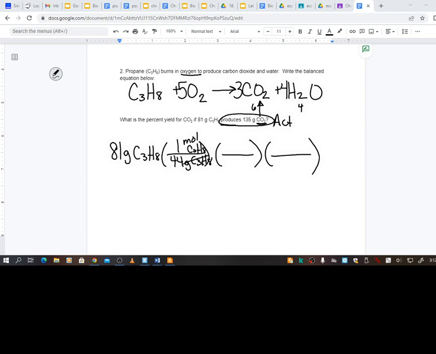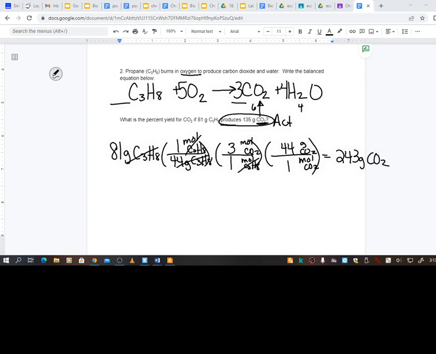Okay, so these cancel out, I'm going to put my moles, C3H8, and I want to get to CO2. Use your equation, so 3 and 1, right? 3 and 1. That cancels out. I'm going to have moles of CO2 down here, and grams of CO2. CO2 weighs 44 grams in 1 mole. So 81 divided by 44 times 3 times 44, that is going to give you 243 grams of CO2.